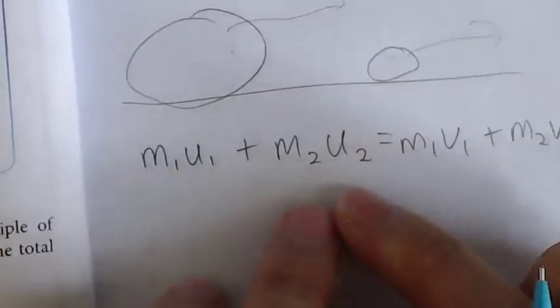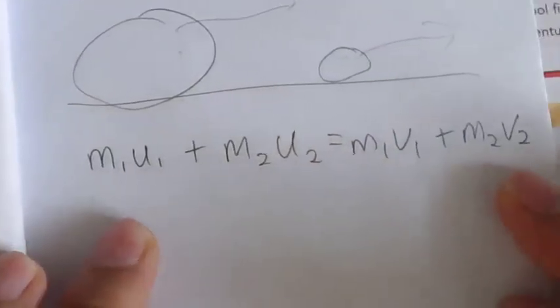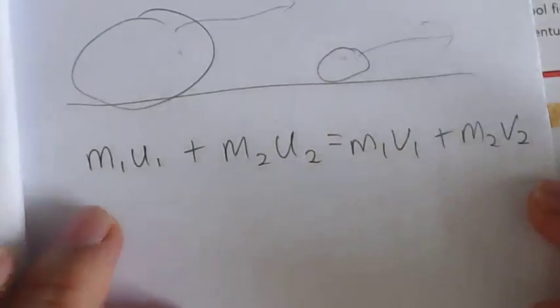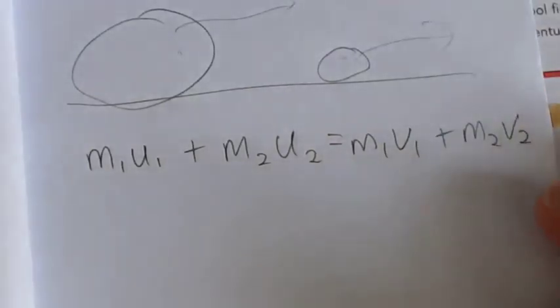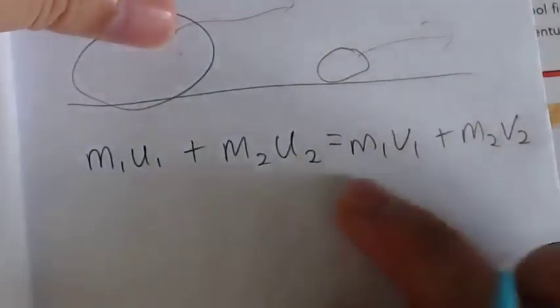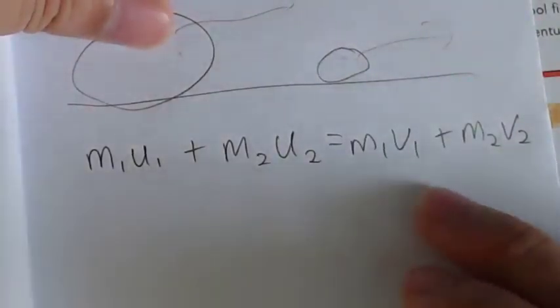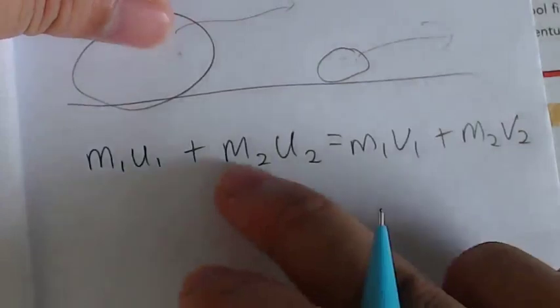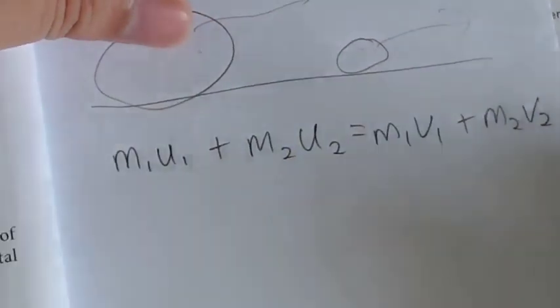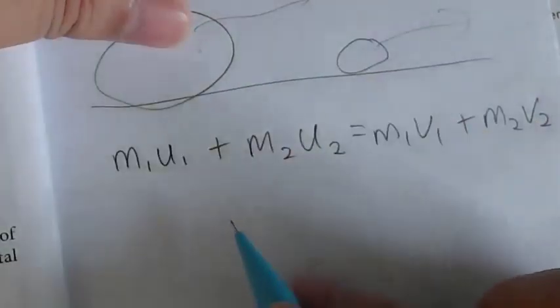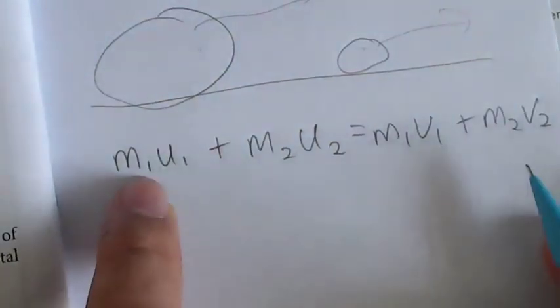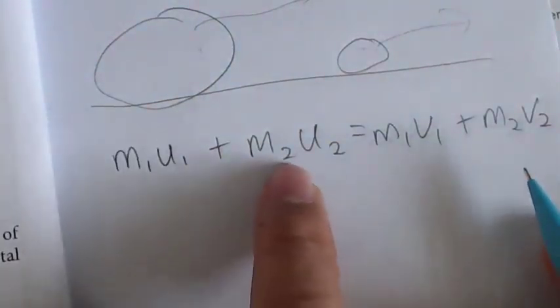Don't worry, the formula looks so long, but if you do lots of exercises, you will get used to it. You will memorize it already, simple one. This one refers to the lorry, correct? While these two refer to the car.